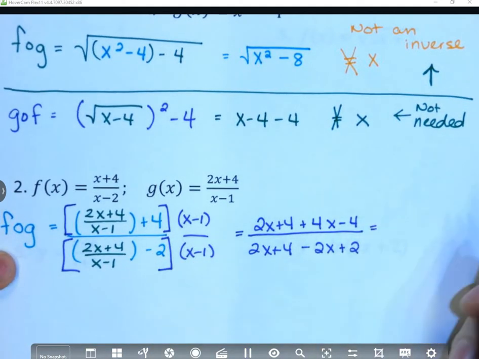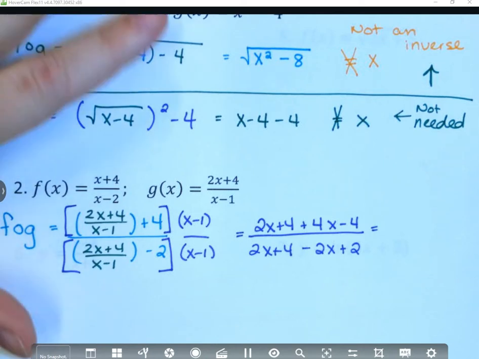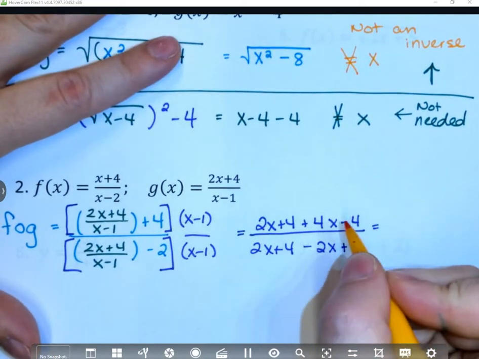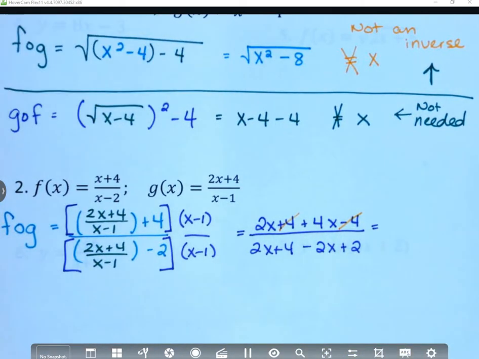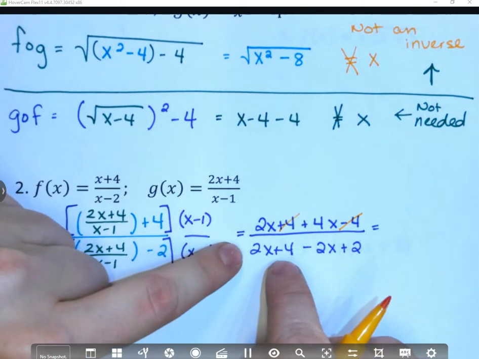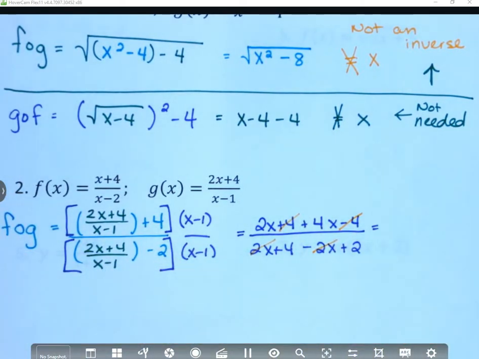All right, so let's see what I get. The thing that you want to be careful with is you can only do one operation to a number at a time. For example, I can see here that the 4 and the 4 will cancel each other out. I can see here that the 2x and the minus 2x will cancel each other out.